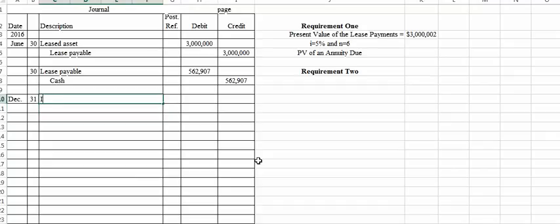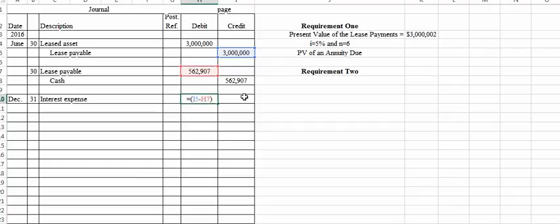The debit to interest expense would be calculated by saying $3 million, the original amount in the lease payable account, minus the part of the lease that was taken care of on June 30th, or the debit to lease payable.